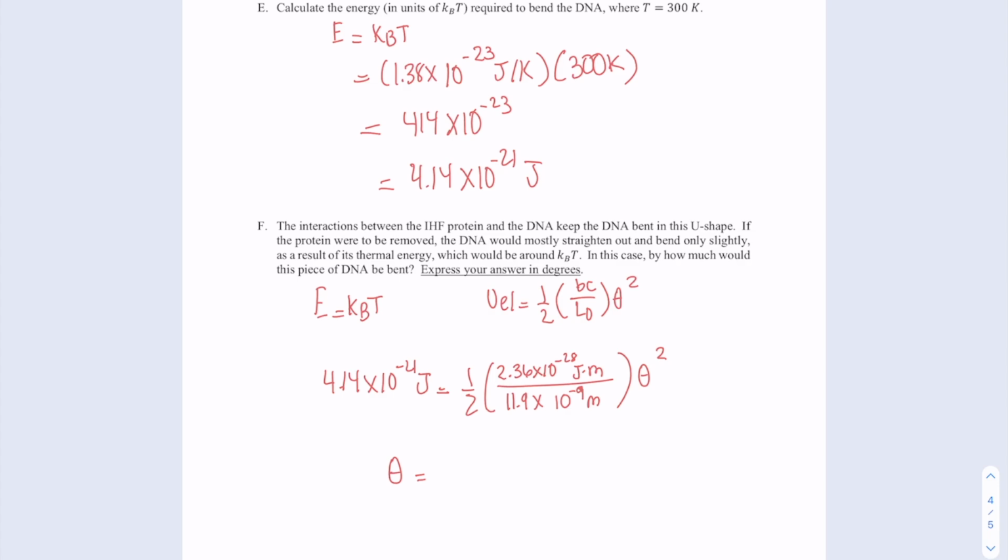Give me one second. Okay, 4.14 times 10 to the negative 21 times 2.